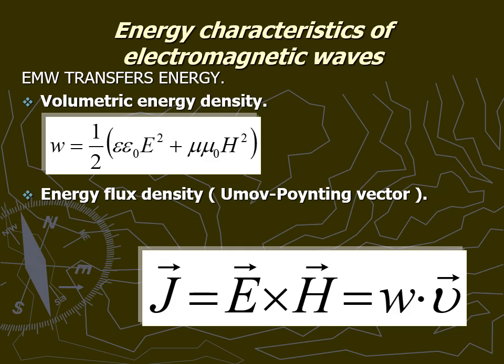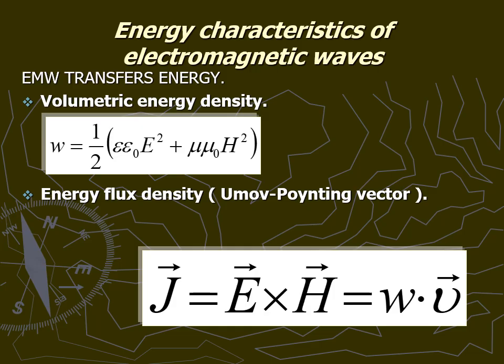In addition, we also need to evaluate the effect of the energy impact with the help of the Poynting vector. The Poynting vector is calculated according to the following formula.